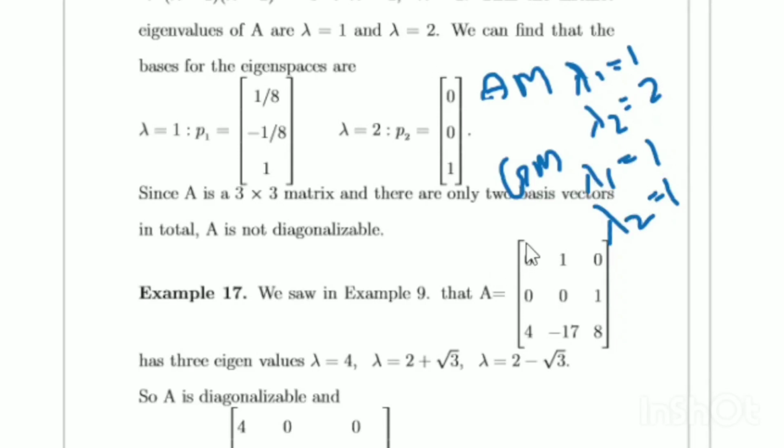But in the other example, the geometric multiplicity is 1. The algebraic multiplicity is always greater than or equal to the geometric multiplicity. Whenever the algebraic multiplicity is equal to the geometric multiplicity, we can say that the matrix is diagonalizable.